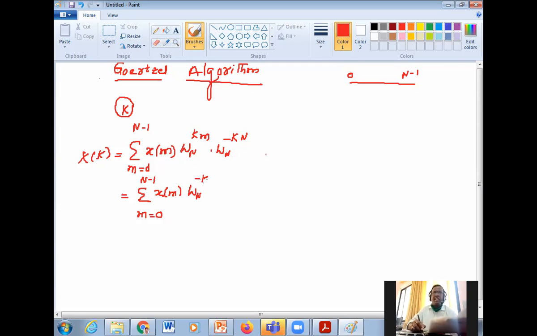I'm just taking it as a common term. In brackets, we will write n minus m. So this is w n to the power minus k times (n minus m).